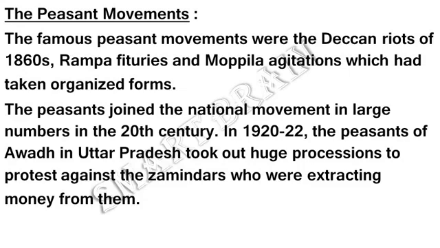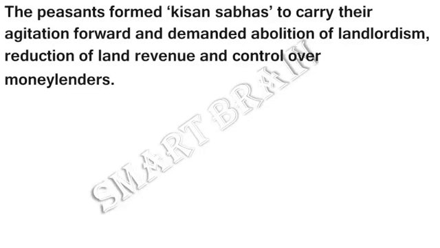In 1920-22, the peasants of Awadh in Uttar Pradesh took out huge processions to protest against the zamindars who were extracting money from them. The peasants formed Kisan Sabhas to carry their agitation forward and demanded abolition of landlordism, reduction of land revenue, and control over moneylenders.